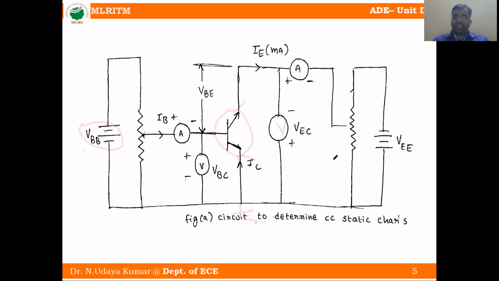This resistance we call RE, the emitter resistance, and this is RB, the base resistance. This is the battery. So this is the practical circuit of common collector configuration.